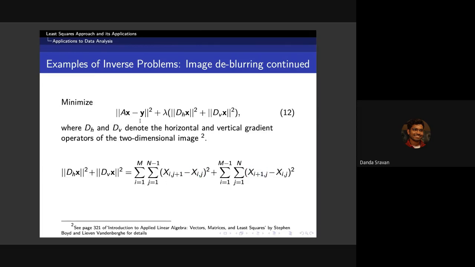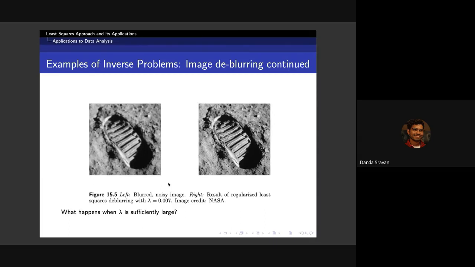So if I minimize this function with a high lambda, it is forced to have the same value for each of the pixels. So this criterion is completely lost, or in other words, the model is completely lost. I just get a constant image, which is of no use. So you have to be very careful in tuning this lambda.